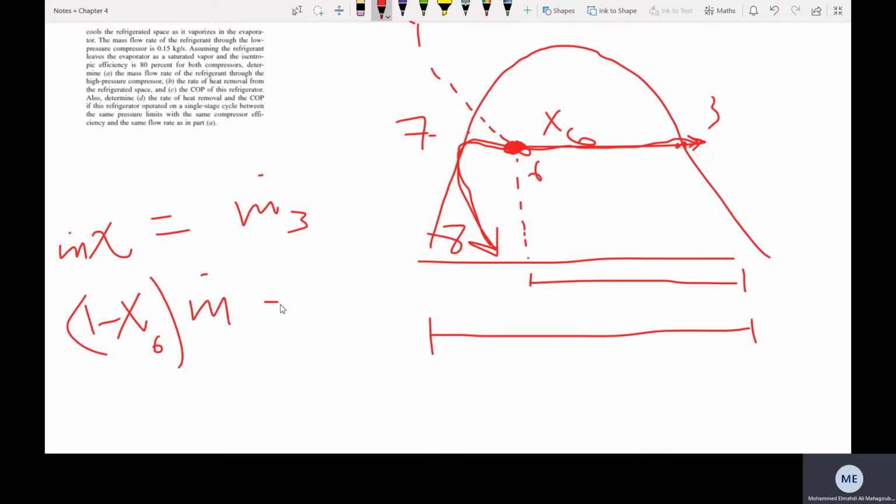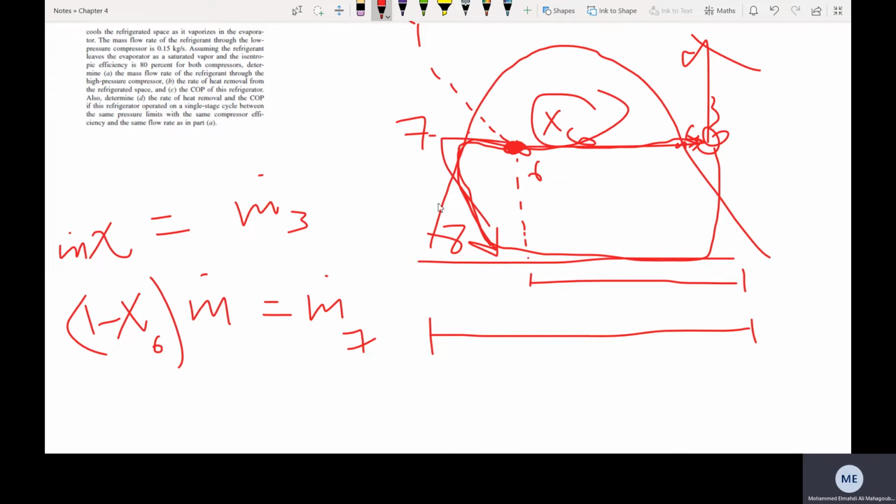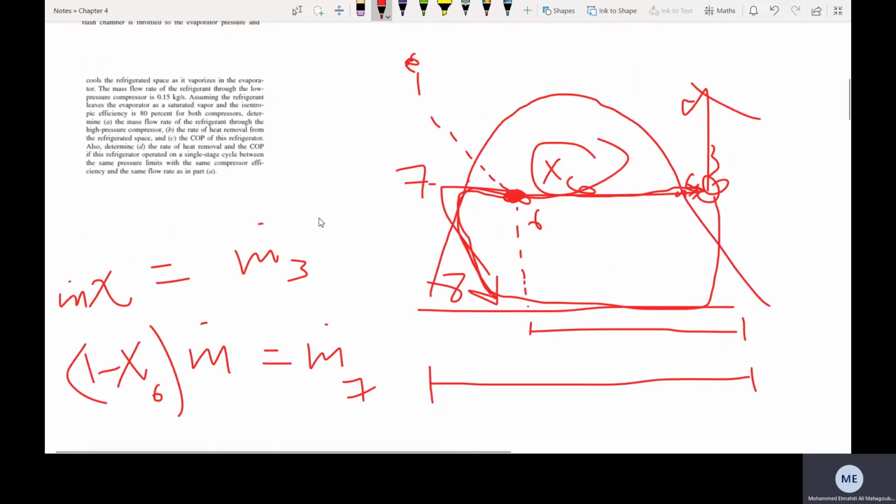This is going to be equal to our m dot 7, which is the same as m dot 8, the recirculation here. Then again here they are going to combine, and they are going to go as the full flow rate in the cycle. So just memorize it. The part that goes to the right is going to be an extract of the flow with a ratio of x6, and the part that's recirculated back is an extract of the flow with a ratio of 1 minus x6.